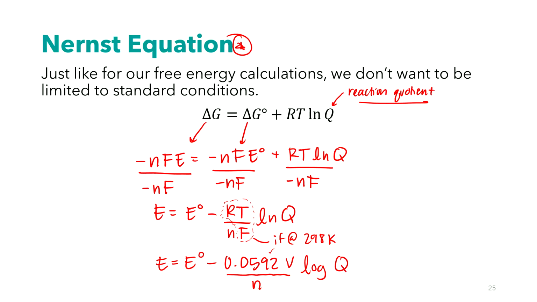And that V there is just telling you that we are getting units of voltage so that they match up with our standard cell potential, which is also in voltage. Now we have an equation that connects the potential of a cell at any conditions. So now we have expanded our freedom in calculations. We're not stuck at 1 atmosphere or 1 molar.